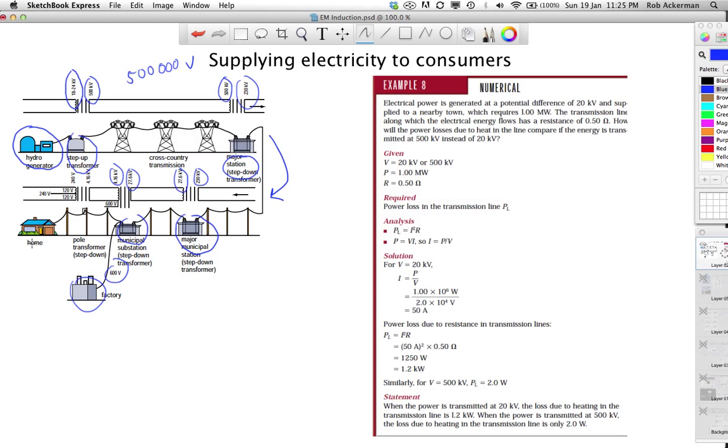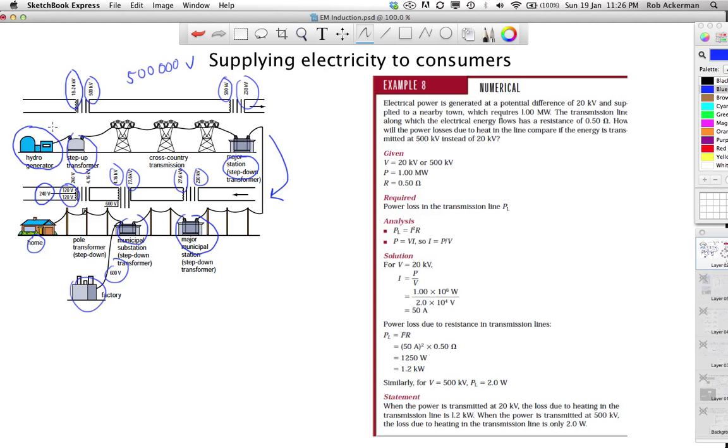Or as we head to your home, we're getting down to what I was telling you before, the 120 volts when you plug into the wall. There's also another circuit in your home used if you have an electric stove, which is at 240 volts. Also, if you have an electric dryer for your laundry, it may also operate at 240 volts. These are very powerful devices. They have large heating elements and they do need the higher voltage.